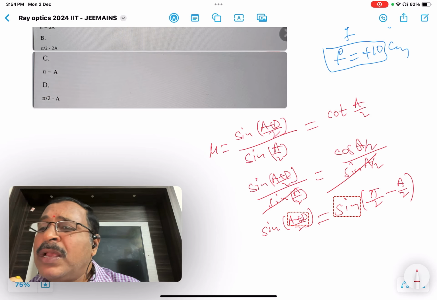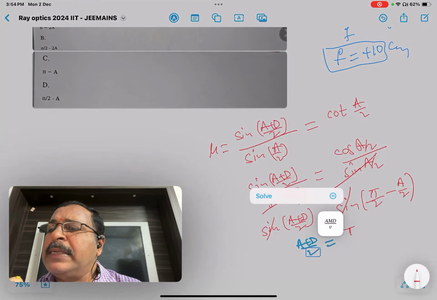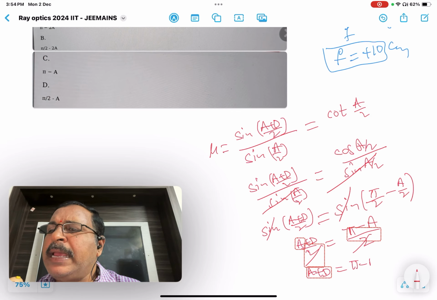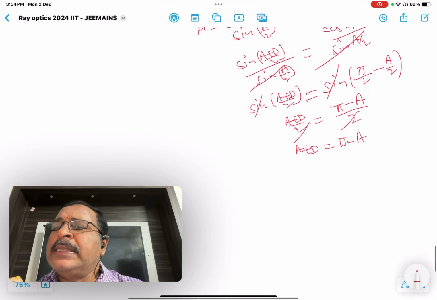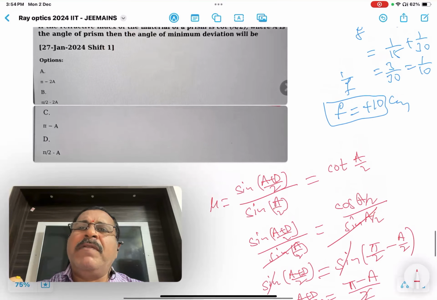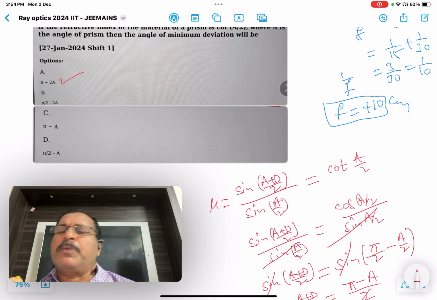So both sines will be cancelled. (A plus D) by 2 equals (pi minus A) by 2. Therefore A plus D equals pi minus A, and the final answer is D equals pi minus 2A. This is the angle of minimum deviation they asked, so pi minus 2A is the first option.